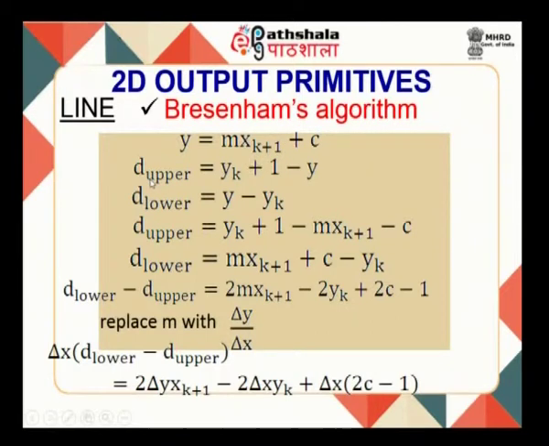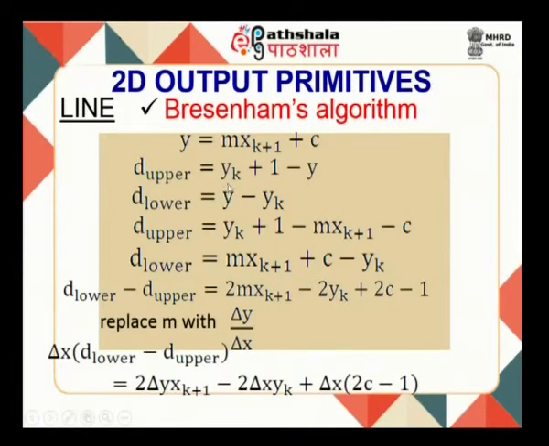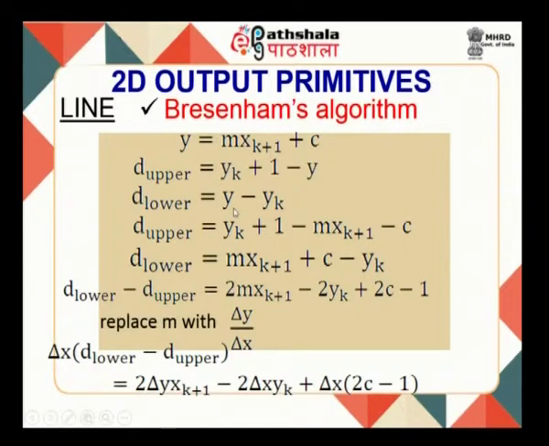And d upper is, if you look at this diagram shown here, d upper is the difference between y and yk plus 1. So, which is yk plus 1 minus y, because the difference is to be positive. So, d lower is the difference between the y and the yk. So, that is what is shown here, y minus yk.